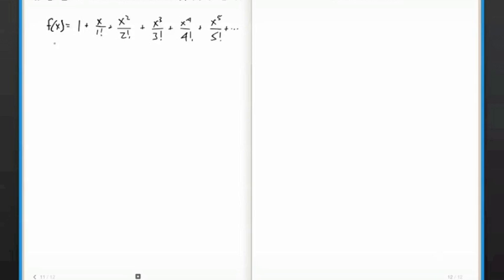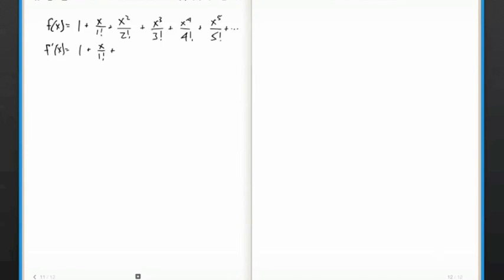And then we did this term-by-term differentiation. And so we said, what's f prime of x? Well, the 1 goes to 0, the x just becomes a 1. And the x squared over 2 becomes 2x over 2 factorial, but the 2's cancel, so we're just left with x over 1 factorial.